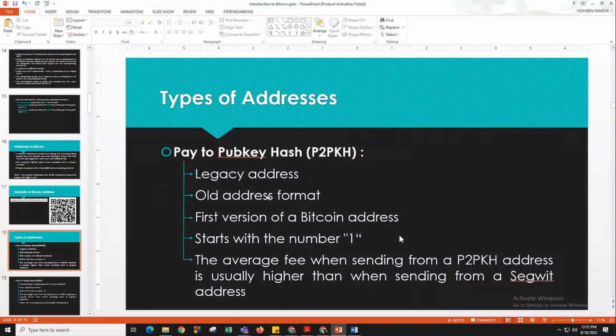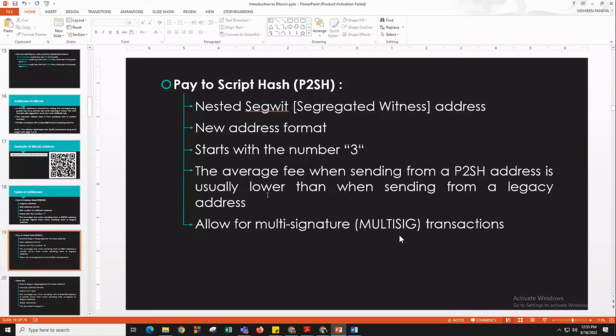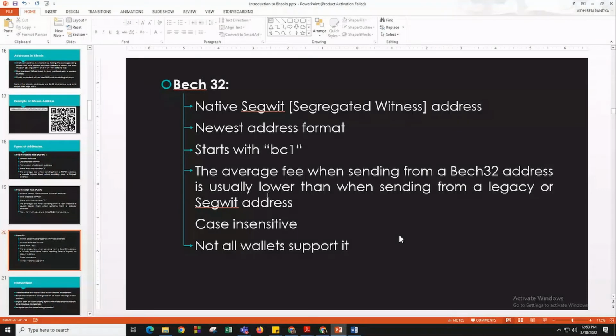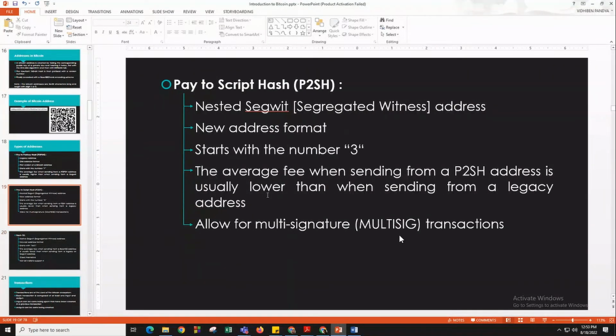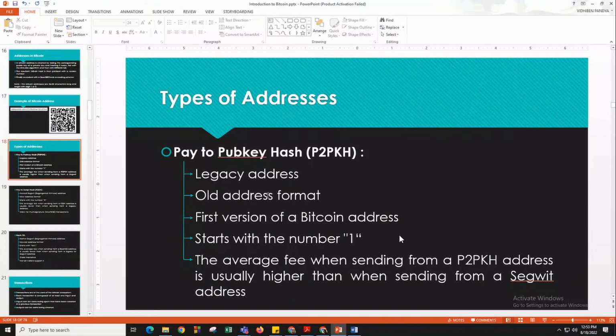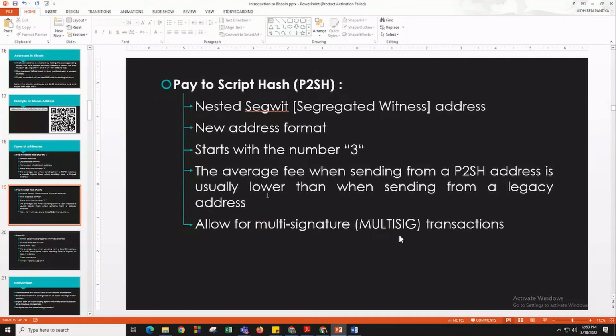Then there are 3 different types of addresses. See, in this slide, I have mentioned 3 different addresses: pay to public key hash, pay to script hash, and bech32. Basically, in your syllabus, in your book, only 2 types of addresses are given. First is pay to public key hash, and second is pay to script hash.